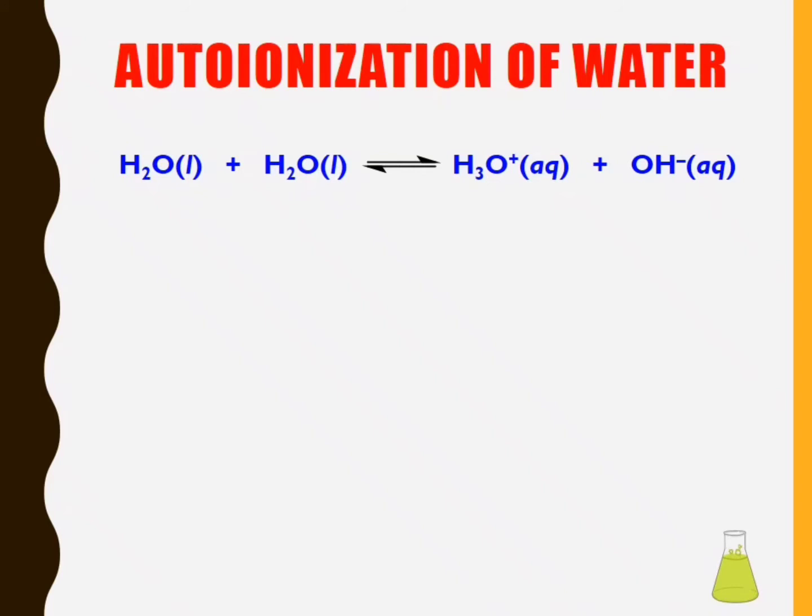So when the molecule of water react with another water molecule, bila dua ni bertindak balas, we know that H2O are able to act as acid or act as base. So if one acts as acid, another one acts as base, it will produce H3O plus and OH minus ion. So one will donate H plus, another one will accept H plus. So dia akan jadi H3O plus, OH minus.